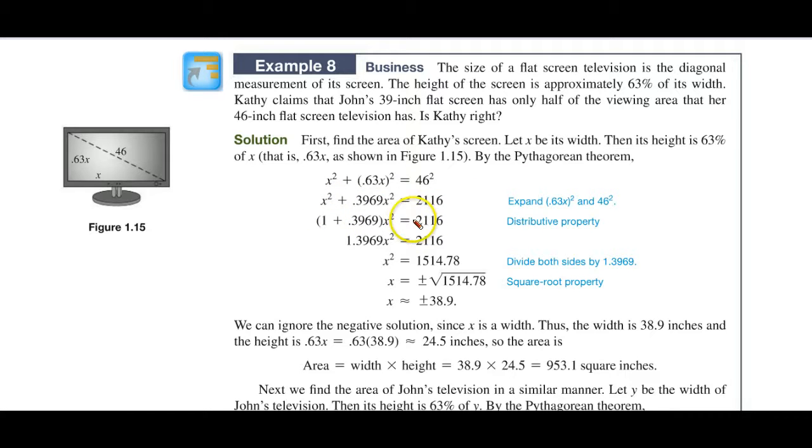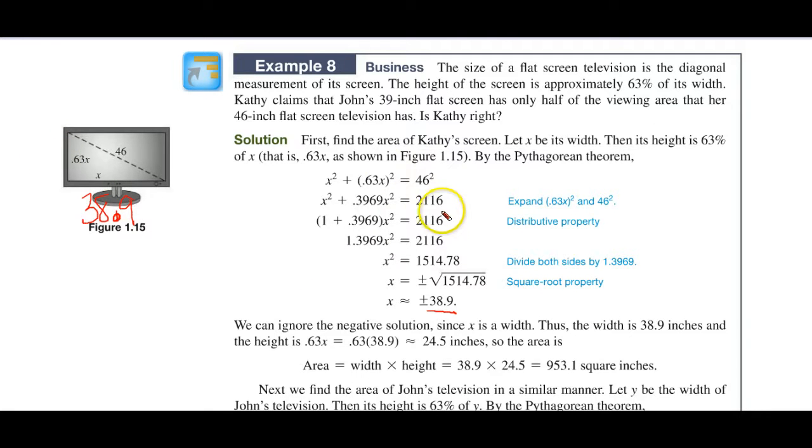Okay, and the work is all shown, and eventually we reject the negative here, and we get that this side is approximately 38.9 inches, and then we take 63% of that, and that would give you this side.